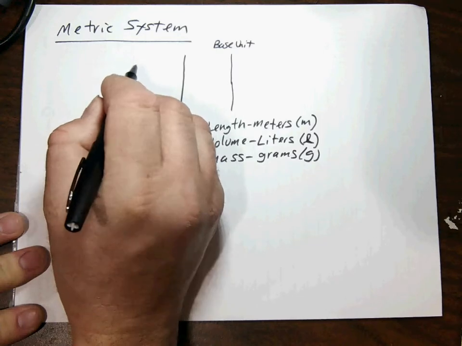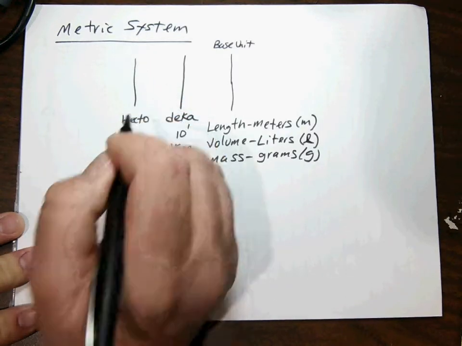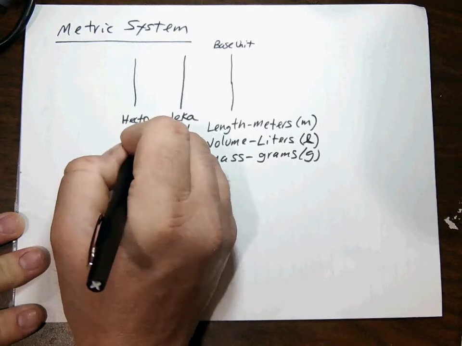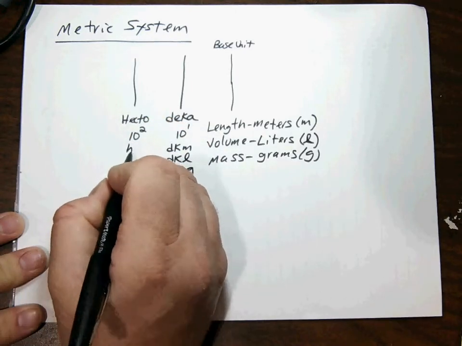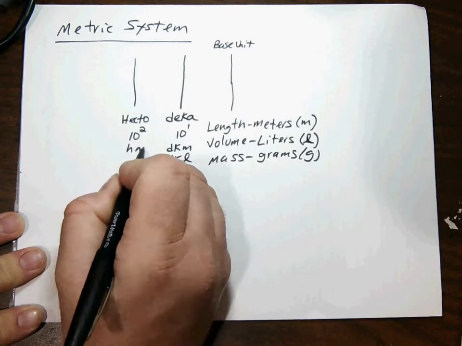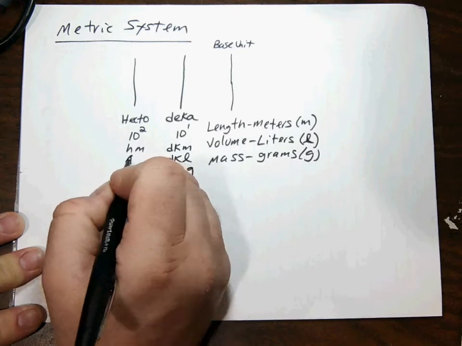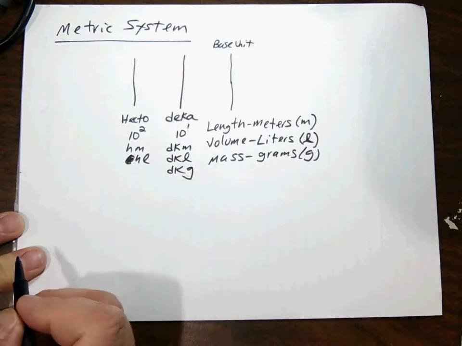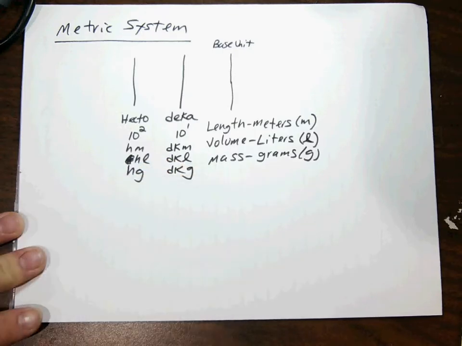Okay? Another step here. Hecto. Okay, 10 to the second power, or 100 times more. Okay, abbreviated H, M, hectometer. HL, hectoliter. HG, hectogram. Okay, so far so good.